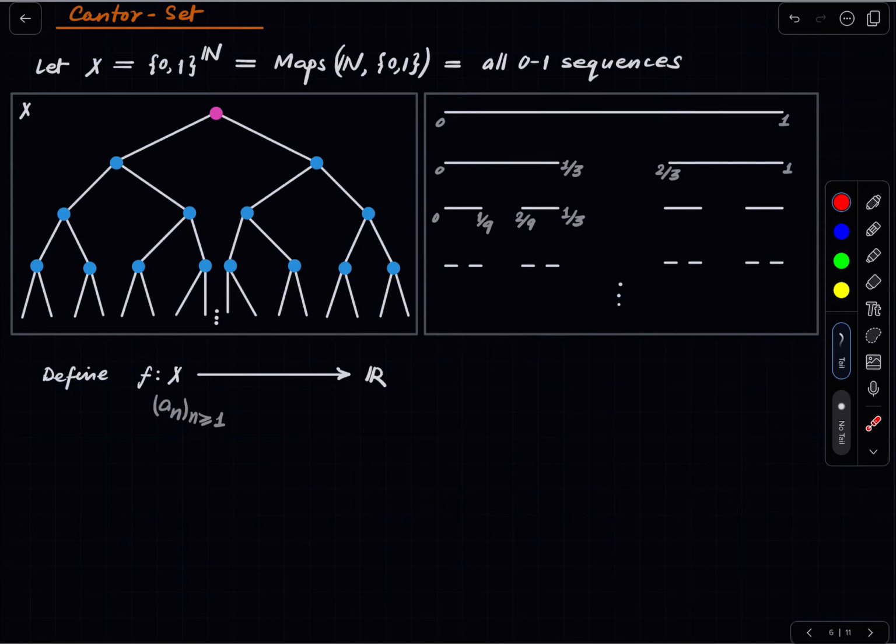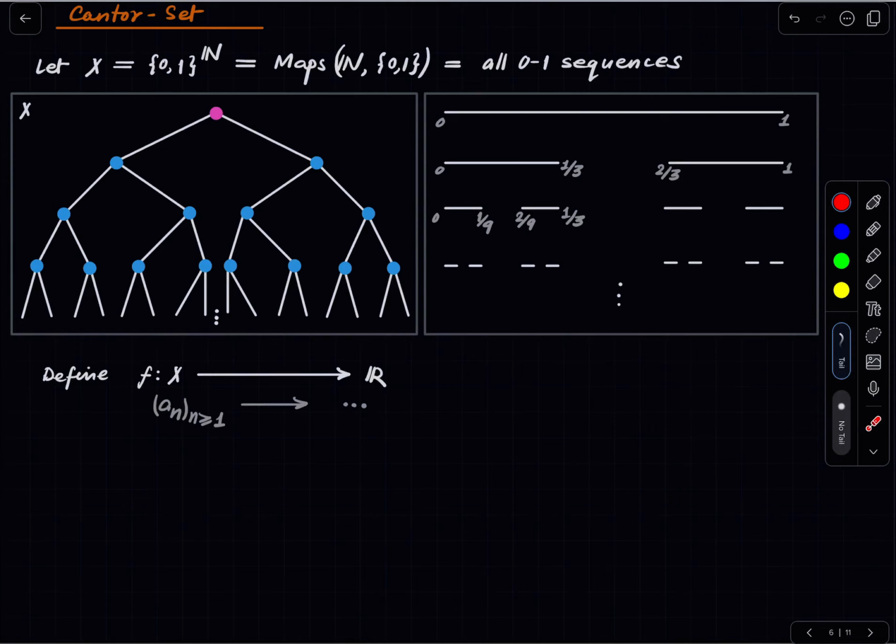At the same time, it is going to be a singleton. It cannot have two different elements because the lengths of these intervals are going down to 0. That part I don't want to formally justify; you can easily do it yourself. So that point is the image of this function. What is the image of any point in X?